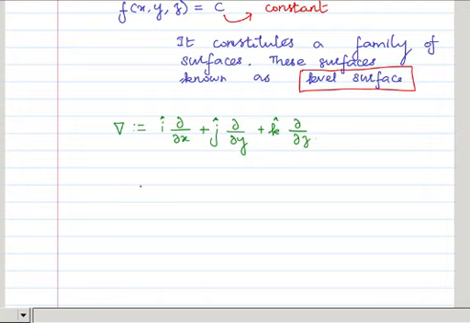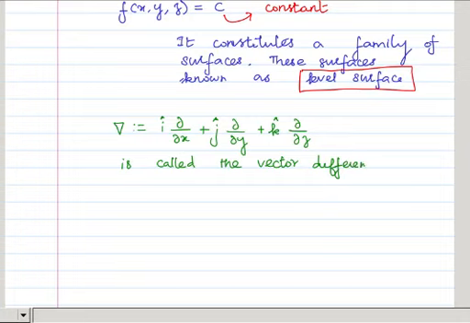It is called the vector differential operator, del or nabla.